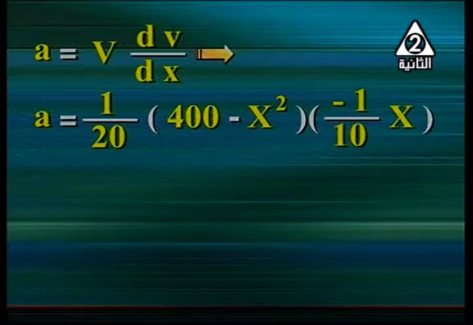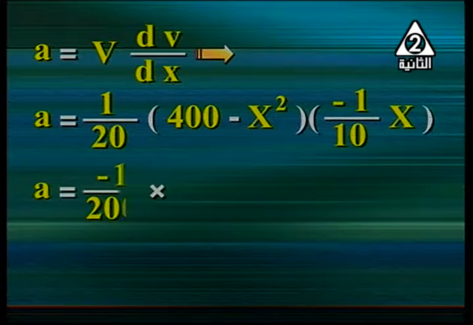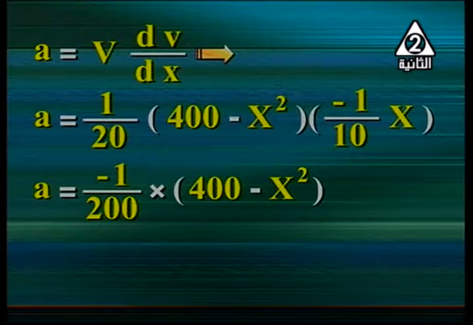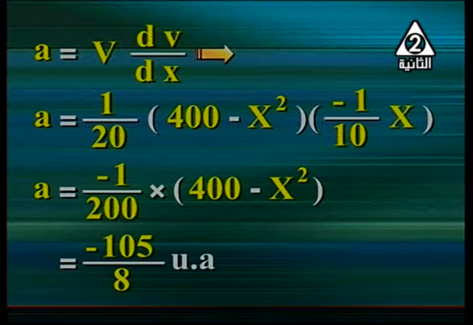Velocity is the given equation, 1/20 multiplied by the bracket containing 400 minus x squared. What is the dv over dx? Negative 1/10 times x. Then a becomes negative 1/200 times 400 minus x squared inside the bracket, equals negative 105 a over 8 unit acceleration.